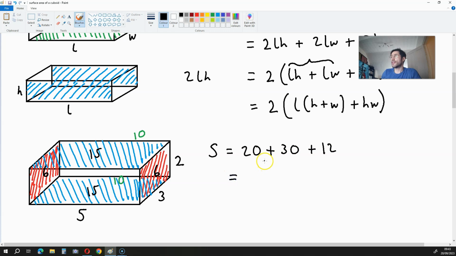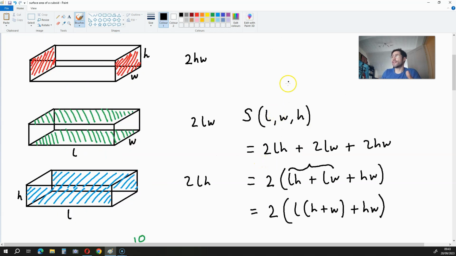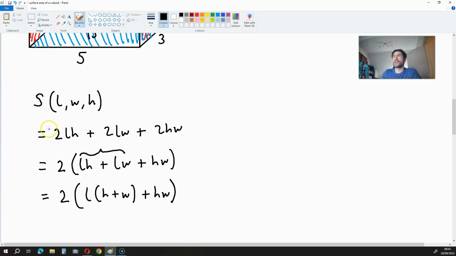Okay, so the surface area is going to be 20 plus 30, which is 50, plus 12. That gives us 62. Now, let's see if using this formula over here gives us 62. If it does, it seems like we've got the correct formula.